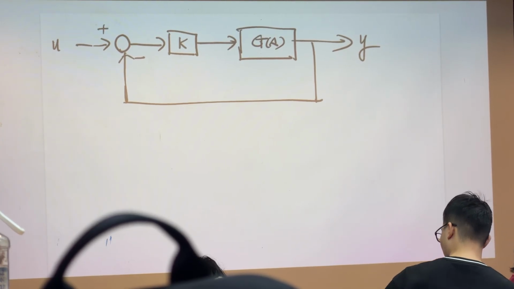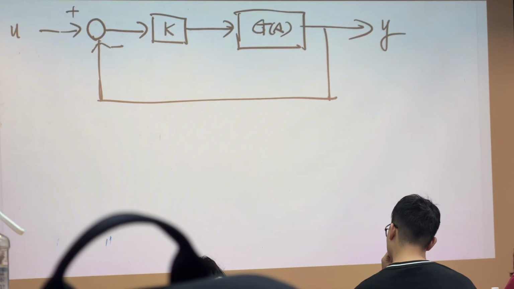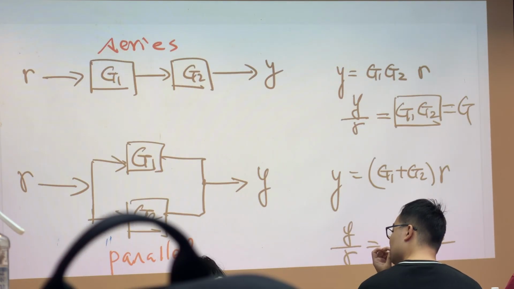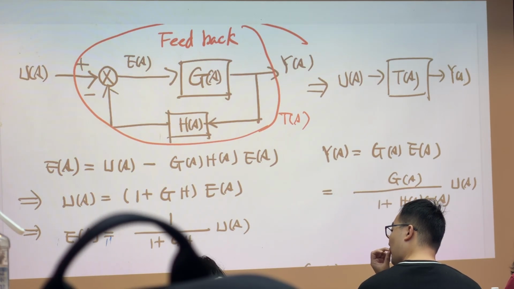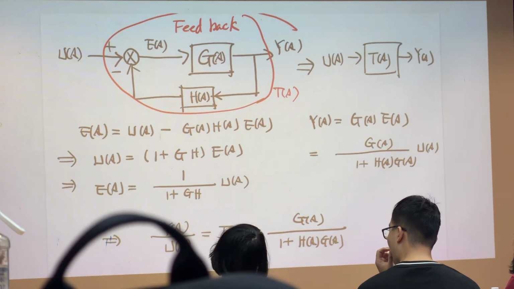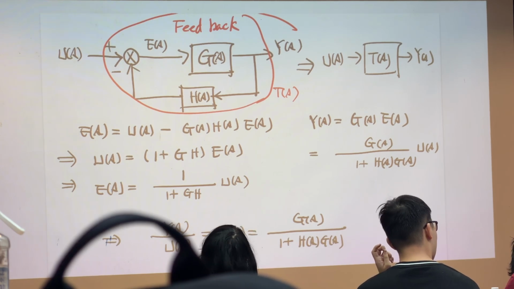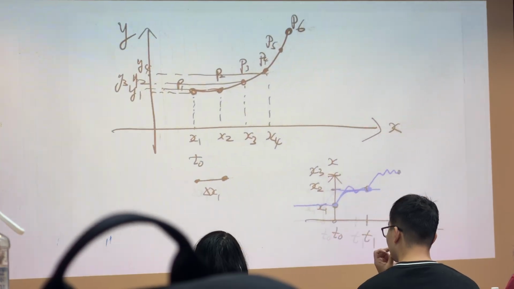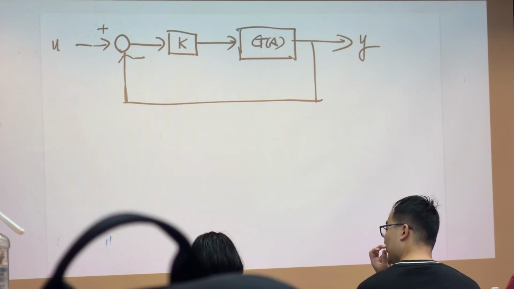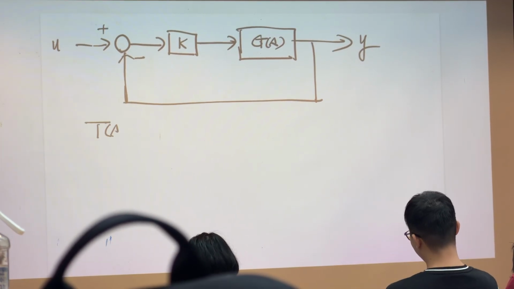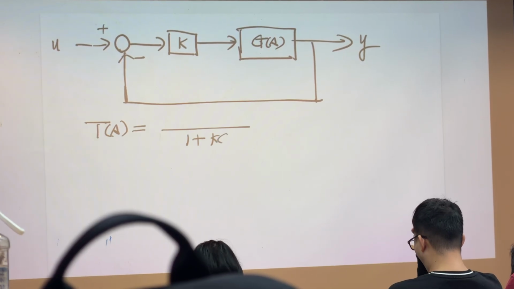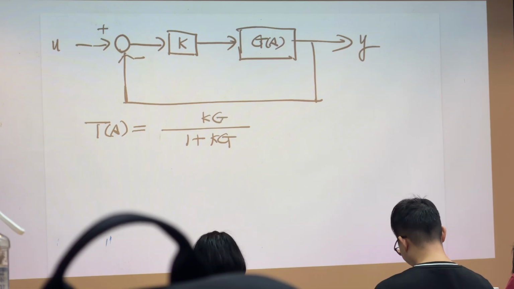What happened is that we can use the previous formula we taught here to represent the feedback, right? So we know that for this transfer function, the total transfer function will be equal to KG over 1 plus KG, okay?